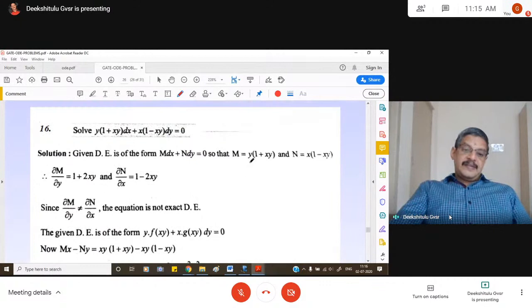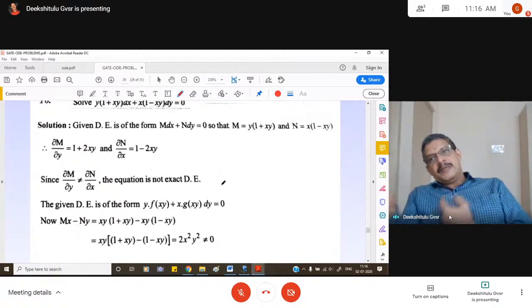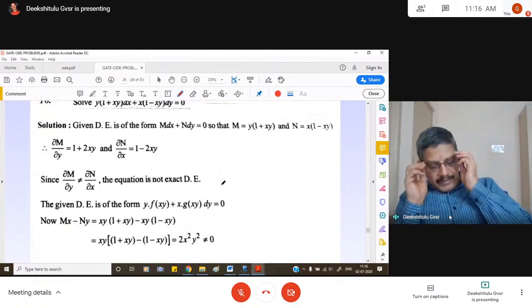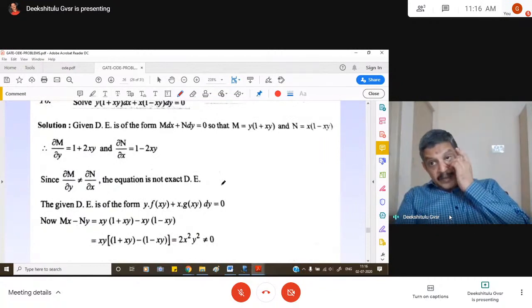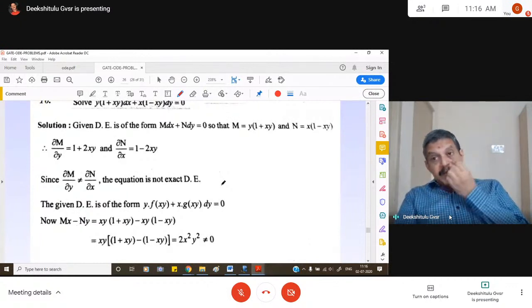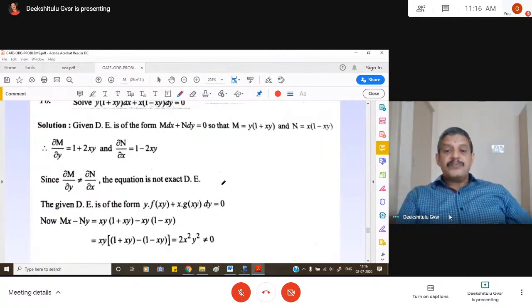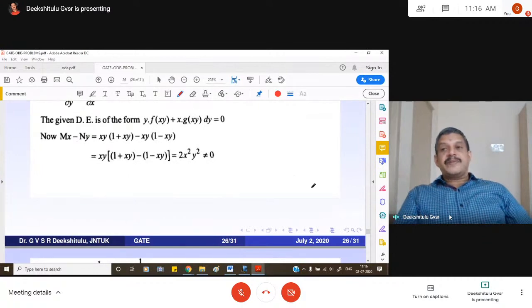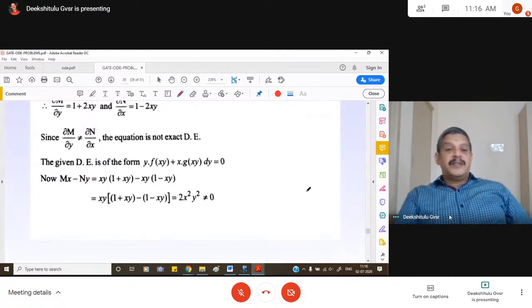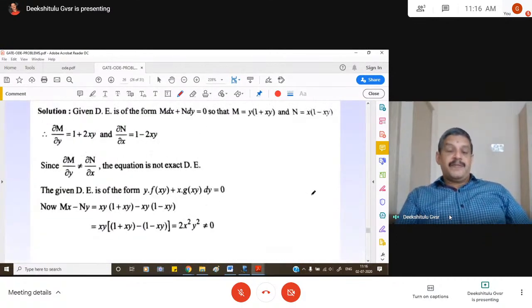If it is not exact, then the question will be, what is the integrating factor? So options A, B, C, D. So for the integrating factor, we have one more question. Once you calculate the integrating factor, the third question can take a form like this: if the integrating factor of so and so differential equation is, let us say, 2x square y square, then what is the solution of the given differential equation?